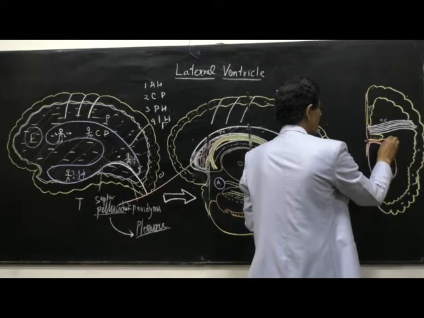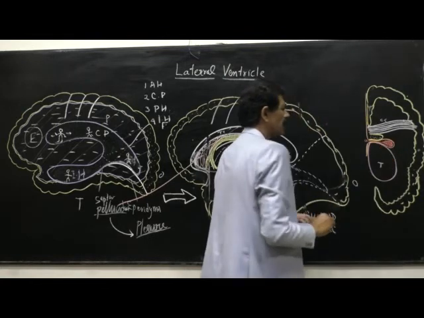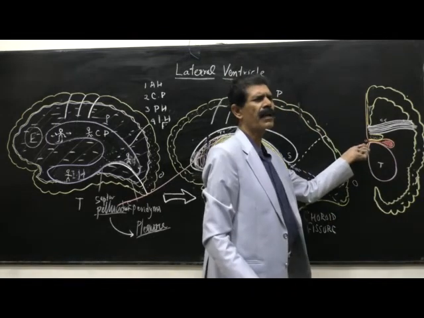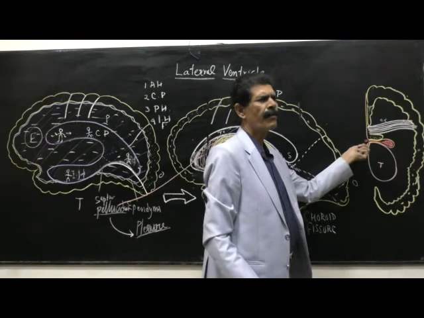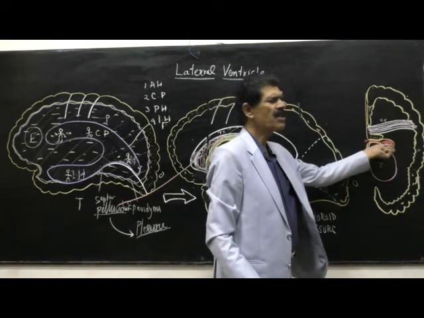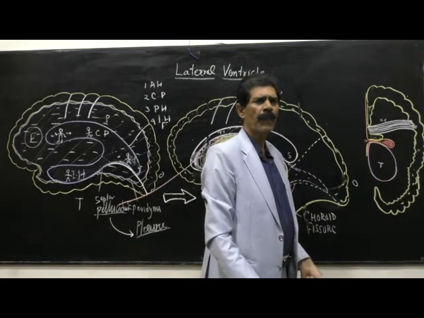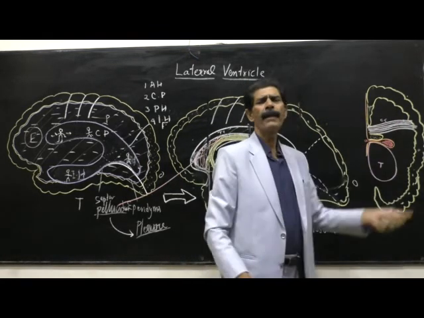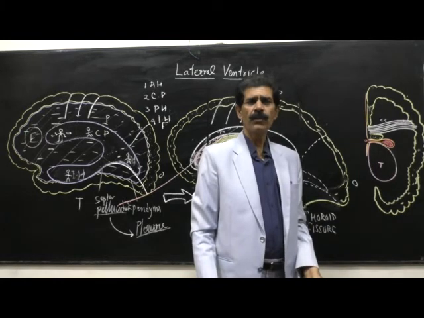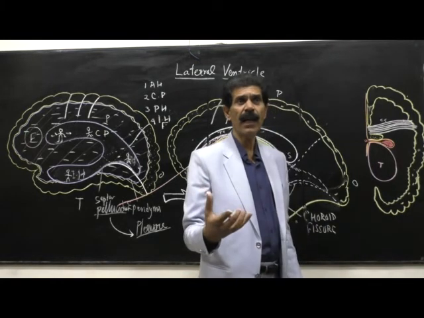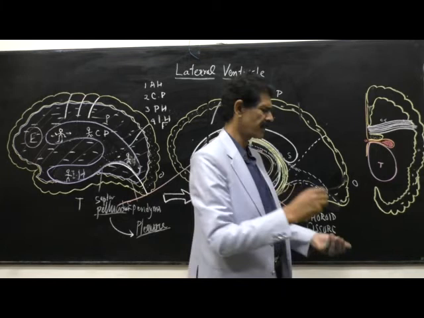A bunch of capillaries from the anterior choroidal artery, which is a branch of the middle cerebral artery. A bunch of capillaries formed here inside as it goes from the medial to the lateral side. So this tuft of the capillaries is called the choroid plexus.